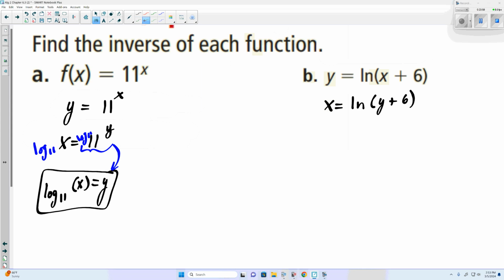Well, we can do that by doing our change method or just applying a base of e to both sides, yes? e to the x is, well, e to the natural log of y plus 6 is what?